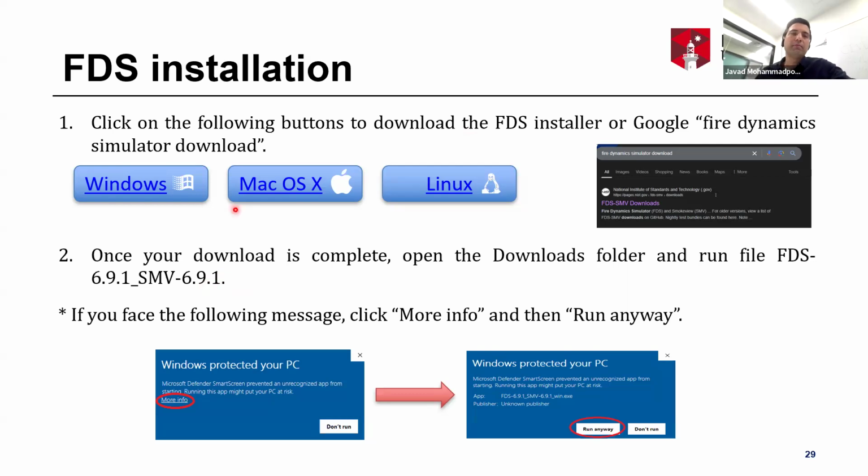If you run it, maybe you face this message. If you face this message, you just need to click on more info, and after that it pops up and you can select run anyway. Please do that and let me know if you have any problem.